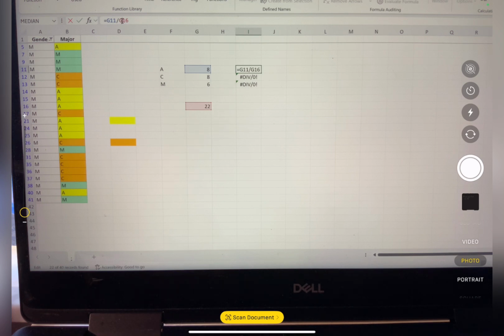Okay, so when I drag down like this, what is changing? It's changing these rows, right? 16, 17, 18, 19, but G doesn't change, correct? It still goes by G. Therefore, I leave G alone, and in front of 16, I put a dollar sign. That means I'm freezing, okay?